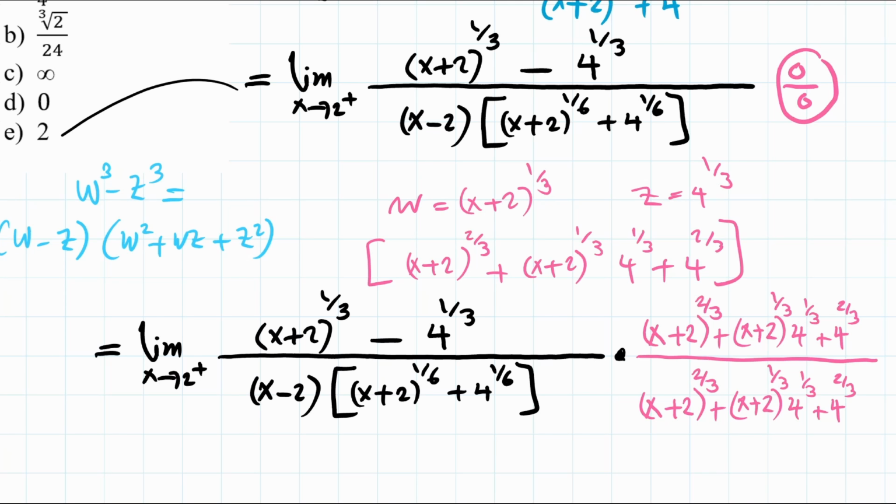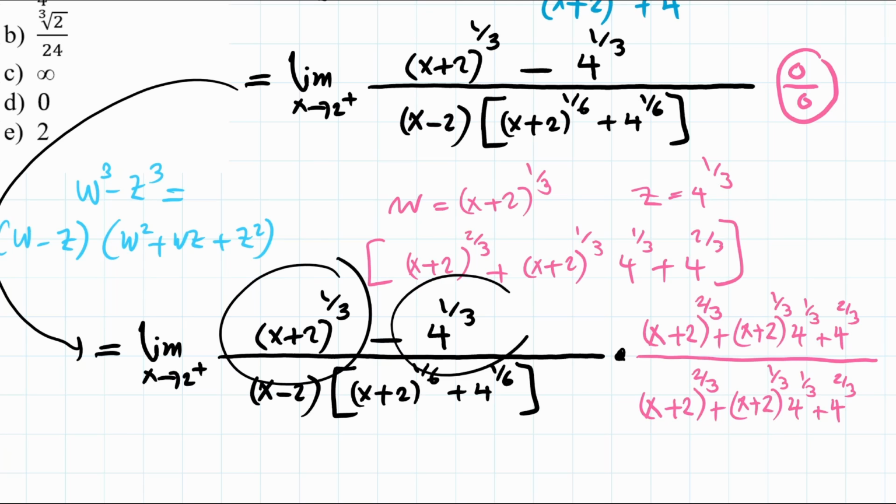Now this limit can be written as the original expression multiplied by whatever factor we have decided on. Performing the multiplication on the numerator should retrieve w cubed minus z cubed, which is actually the cube of this minus the cube of this only.